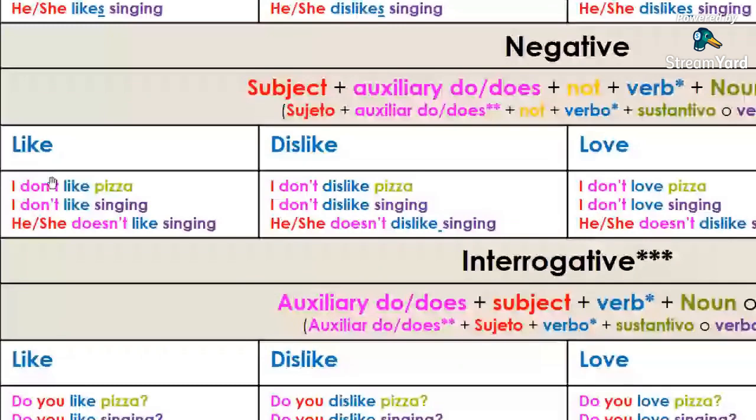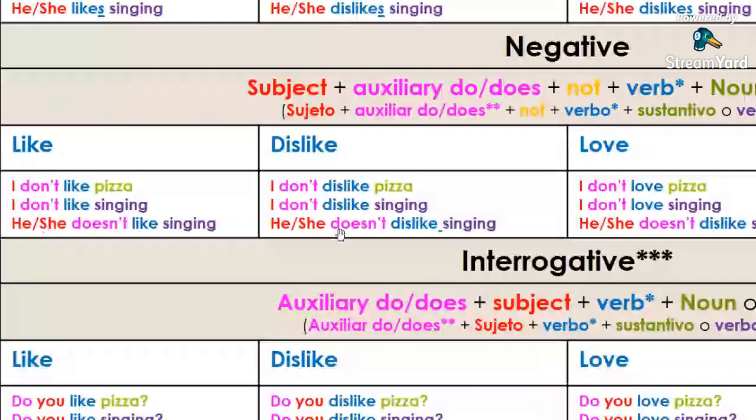We can use also do not, but here is the contraction: don't. I don't like pizza. I don't like singing. He or she doesn't. Why doesn't? Well, remember, we use does in case of he, she, or it. He, she doesn't like singing.